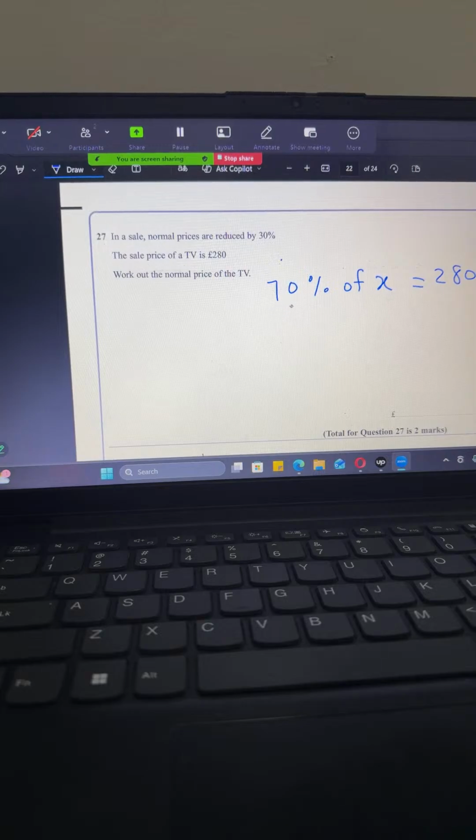So how can we write 70% in the form of a fraction? We can write 7 over 10, right? So 7 over 10 of X is equal to 280. Can you solve this equation? Okay.